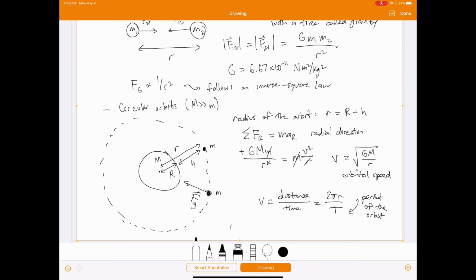So the period is the time to make one full revolution, one full orbit. So again, if we think of speed as being distance over time, the distance we travel is the circumference, so that's 2 pi r, that's the formula for circumference, divided by the period. So if we wanted to, we could use this to, let's say, calculate the period.